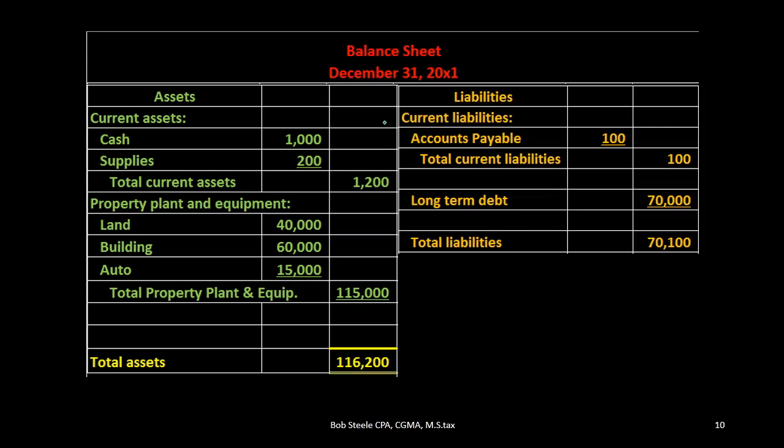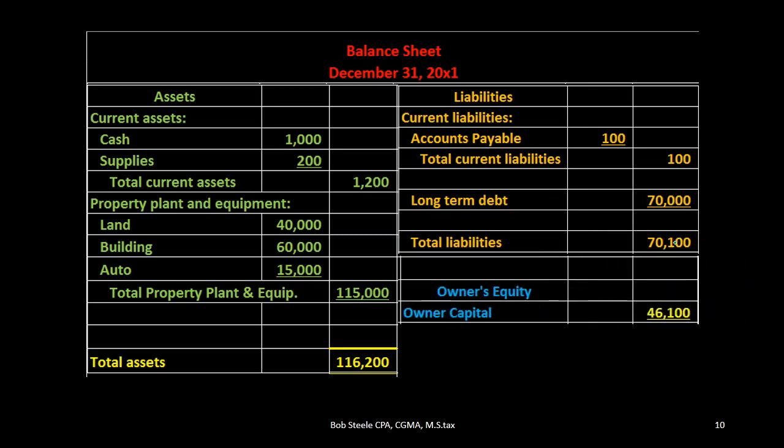We then have the liabilities, where we have the current liabilities and the long-term liabilities to have a total liabilities section. Total liabilities, $70,100. We then have the equity section, the amount owed to the owner or the net assets of the business. That can be calculated as total assets minus what is owed to the third party. $116,200 minus $70,100 gives us the $46,100.